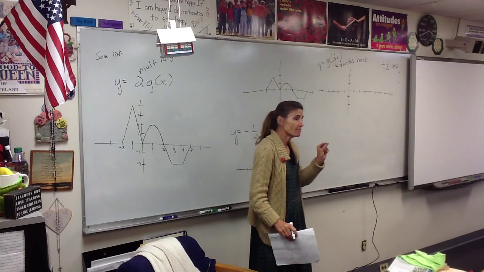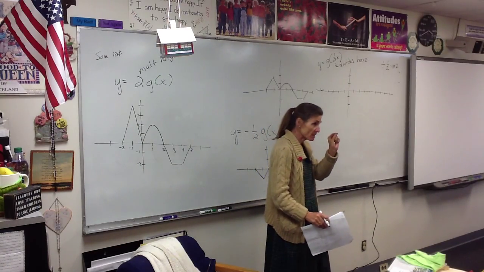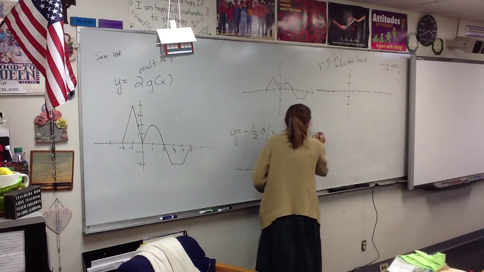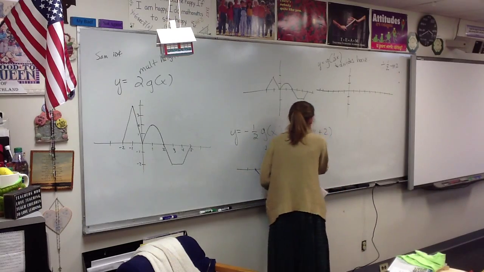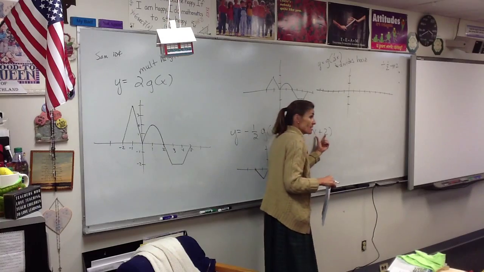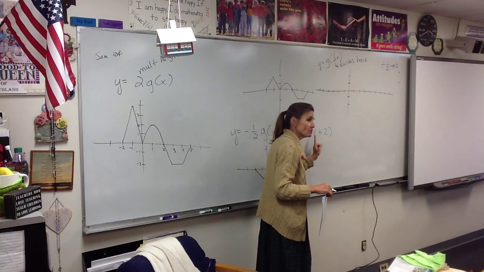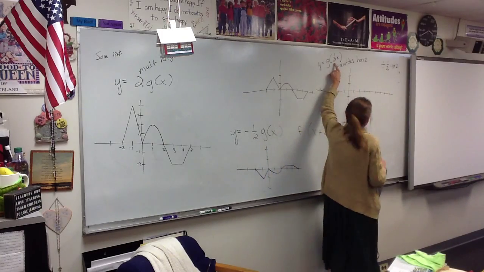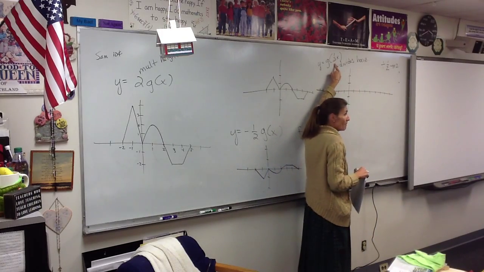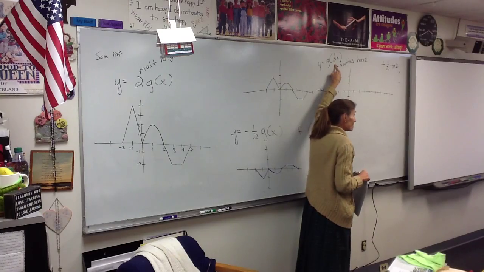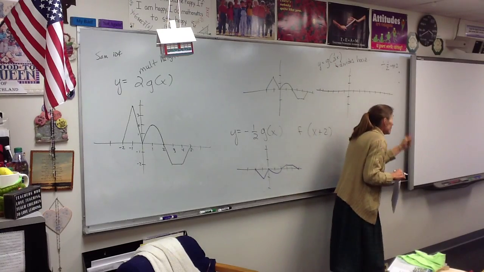And before you get confused, I want you to stop and think a minute. If I put x plus 2 into the parentheses in there, doesn't it do the opposite? Yeah. Doesn't it back up 2? So when I put a half here, I'm doing the opposite. Instead of halving, I'm actually going to double.